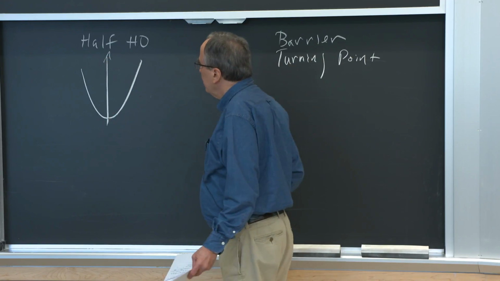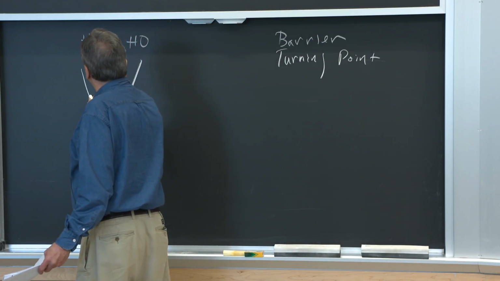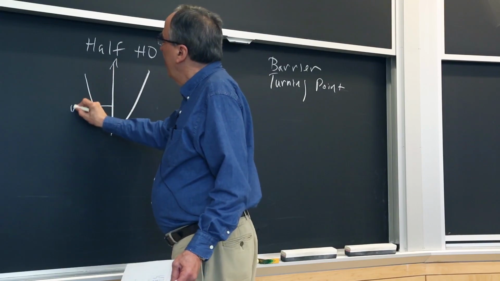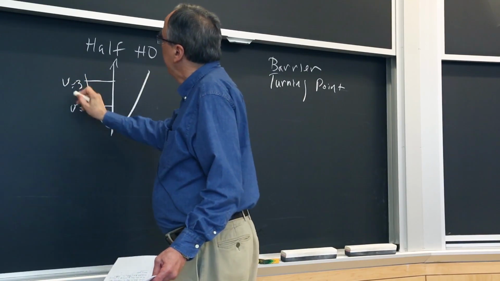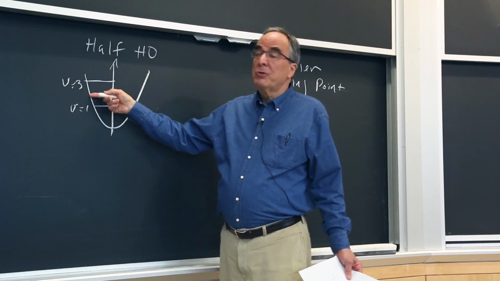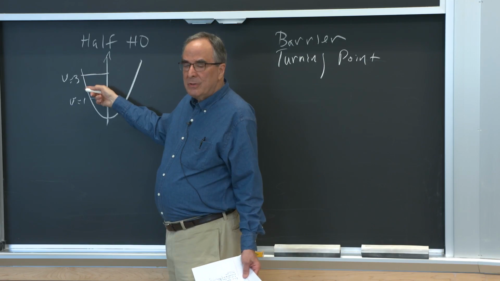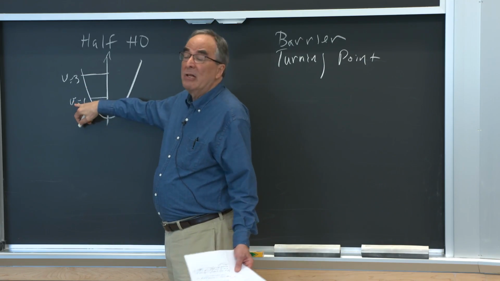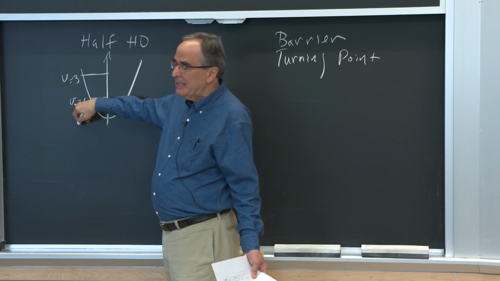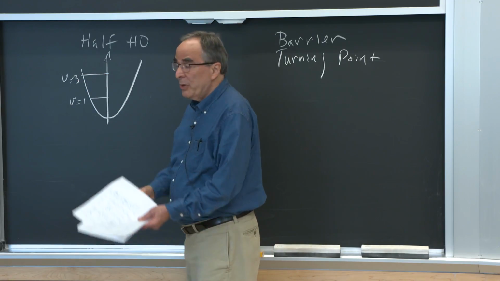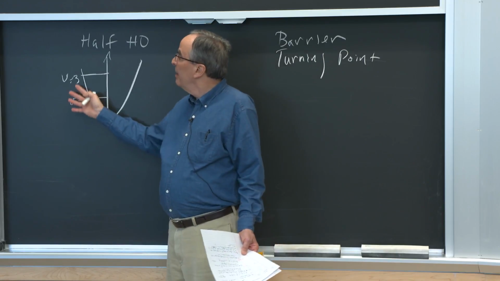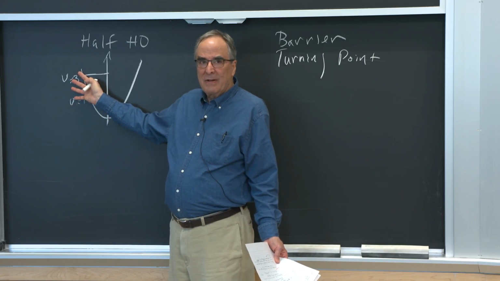So we know that we have v equals 1, v equals 3, no v equals 0 or 2. I mean, this corresponds to the lowest level, v equals 0 for the half oscillator. But this is basic. And now what we're going to do is we create some state of the half oscillator.